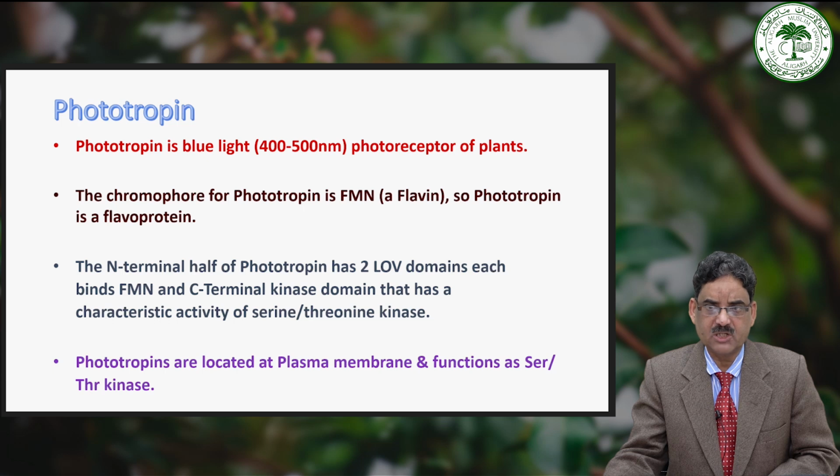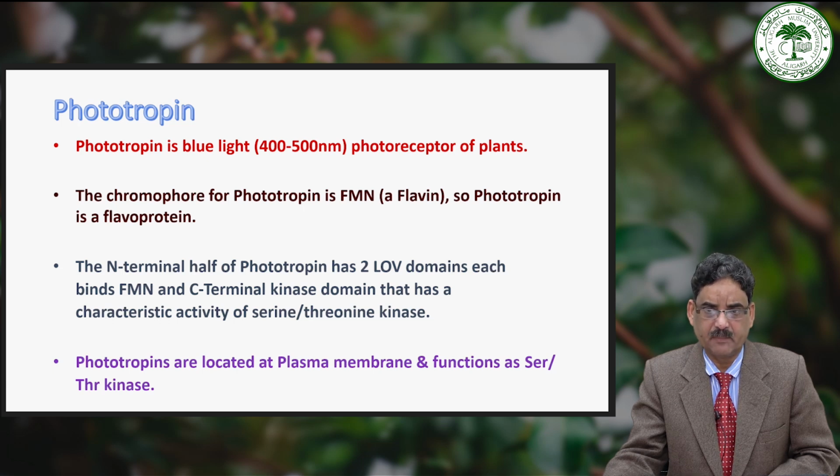The N-terminal portion of phototropin encompasses two LOV domains, each capable of binding FMN, while the C-terminal region contains a kinase domain characterized by its serine-threonine kinase activity.